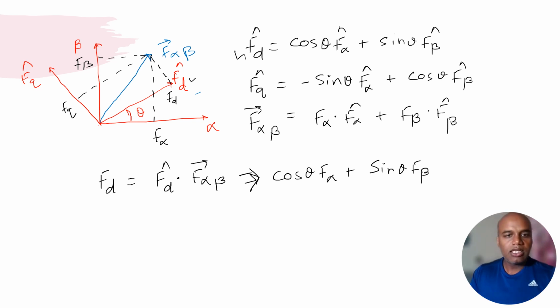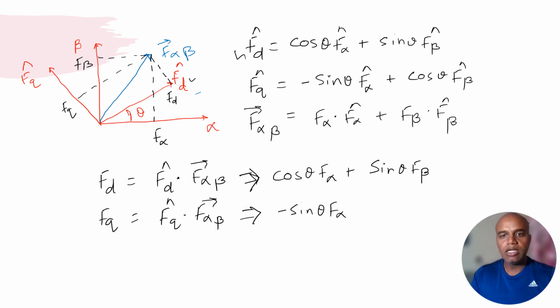Similarly, fq is equal to fq cap dot the same arbitrary vector, which gives minus sine theta f of alpha plus cos theta f of beta.